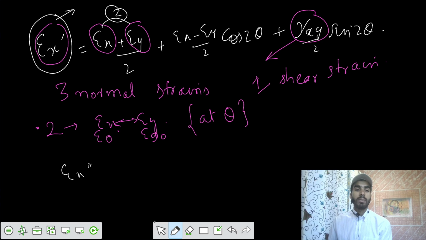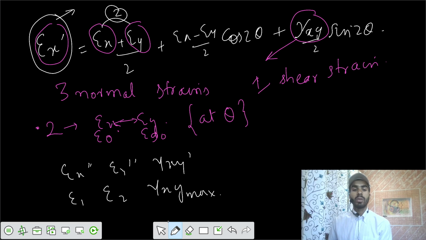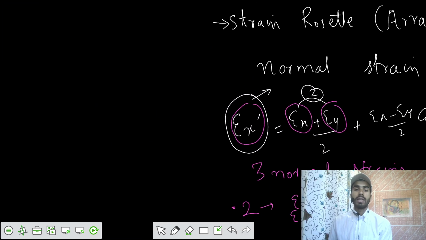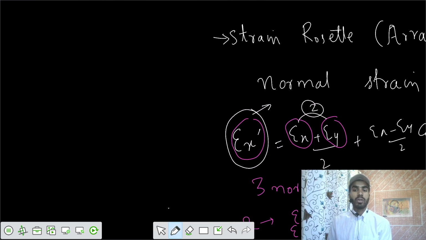Now we can get any value of Ex double dash, Ey double dash, and gamma xy dash, and we can directly get the principal strains, major and minor, and the maximum in-plane shear strain. Then from that we can get stresses also, the major stresses and tau max. The conclusion is that strain gauges measure normal strain in a particular direction, so you need three strain gauges.